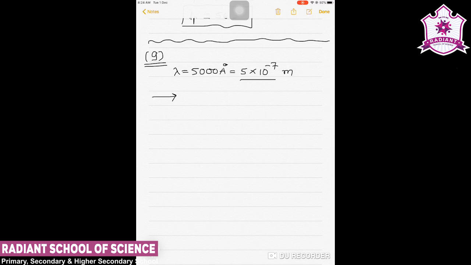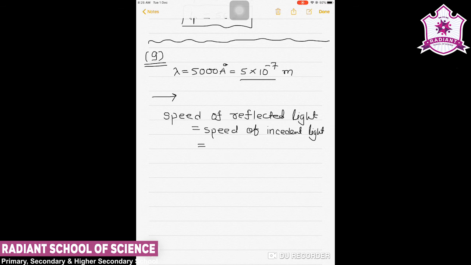So the speed of reflected light will be exactly equal to the speed of incident light, and that is clear for air, that is 3 into 10 raised to 8 meter per second.